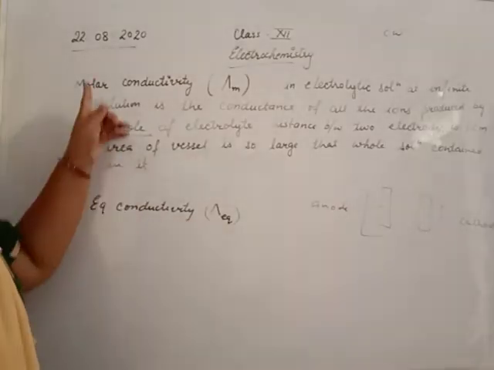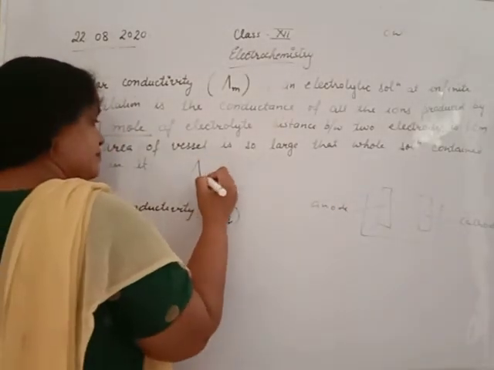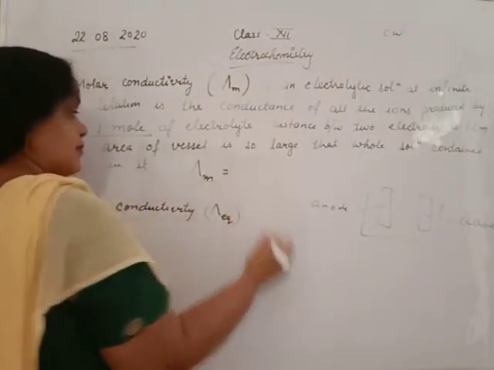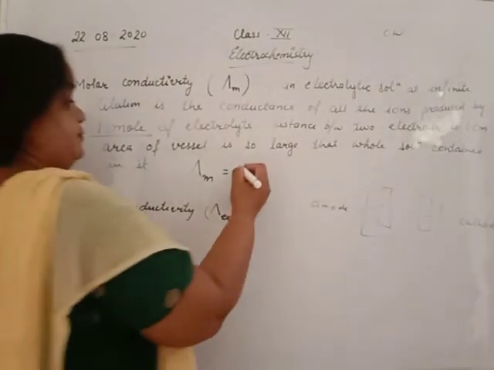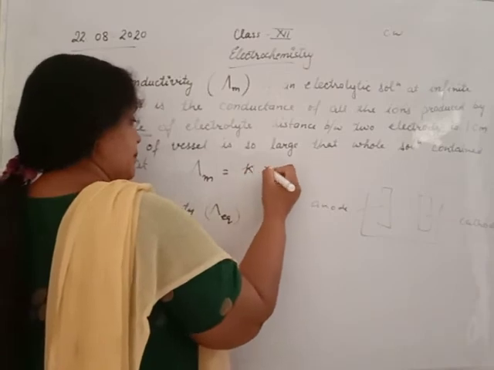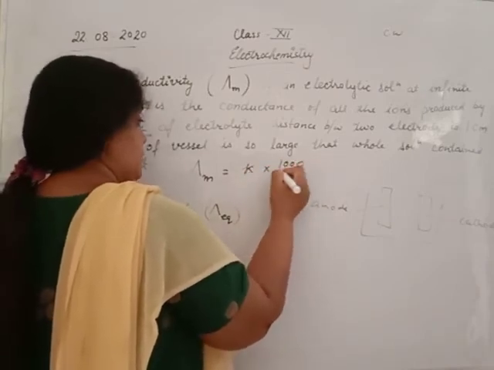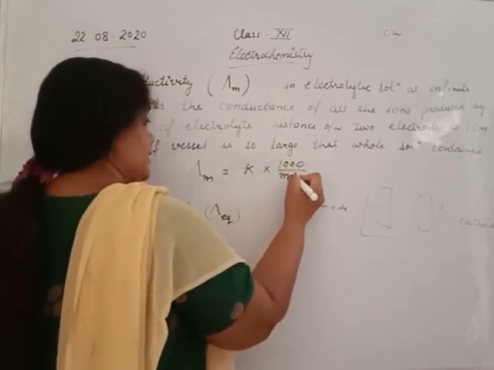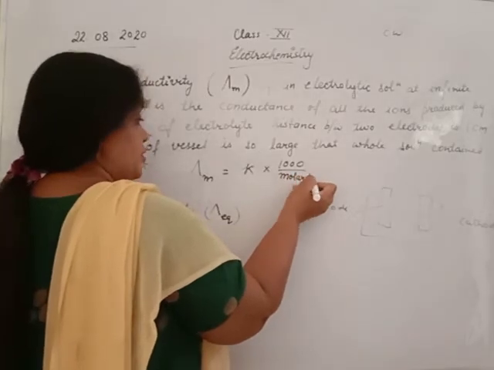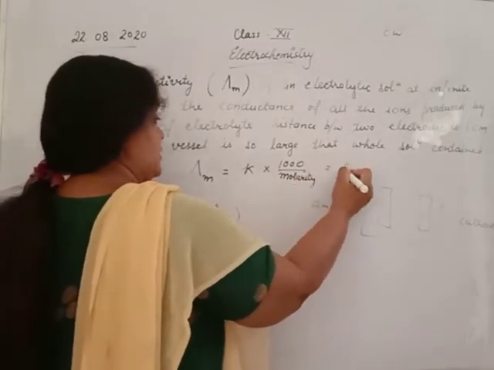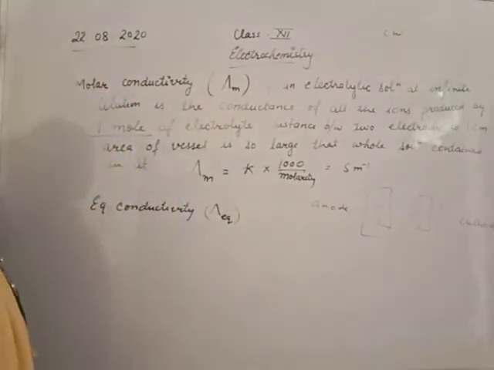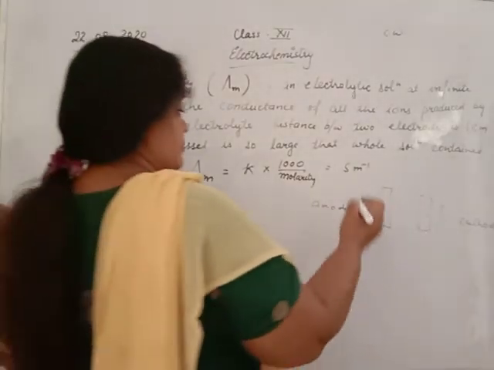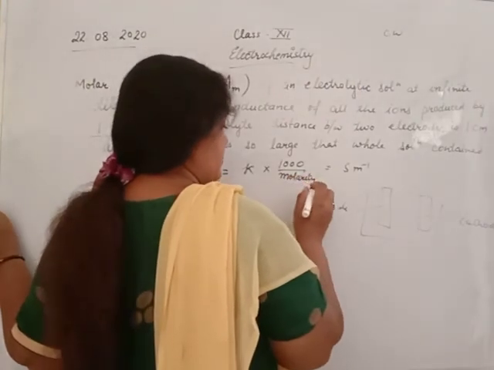If we want to calculate the molar conductivity, it is the conductance of all the ions, meaning conductivity, multiplied by 1000 upon molarity. The unit of conductivity is Siemens meter inverse, and molarity is moles per liter.